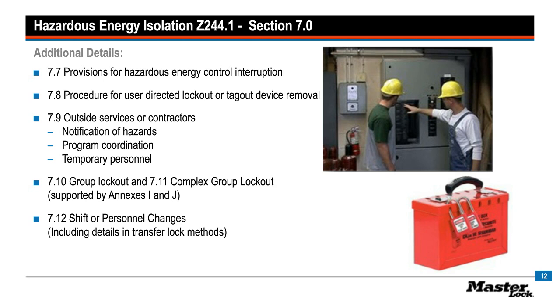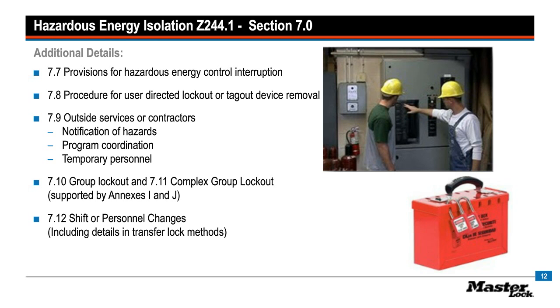We've also looked at group lockout practices, both in terms of simple and complex group lockout, and annexes I and J in the standard talk to the methodologies of different group lockout techniques, providing great detail on how some of the best corporations and process sites in America are coordinating group lockouts, whether that be based out of an operations station, a permit to work type system associated with group lockout.